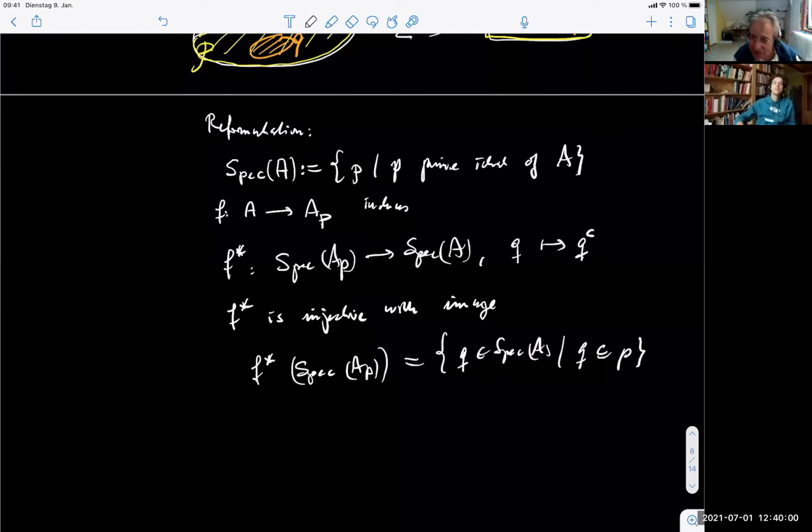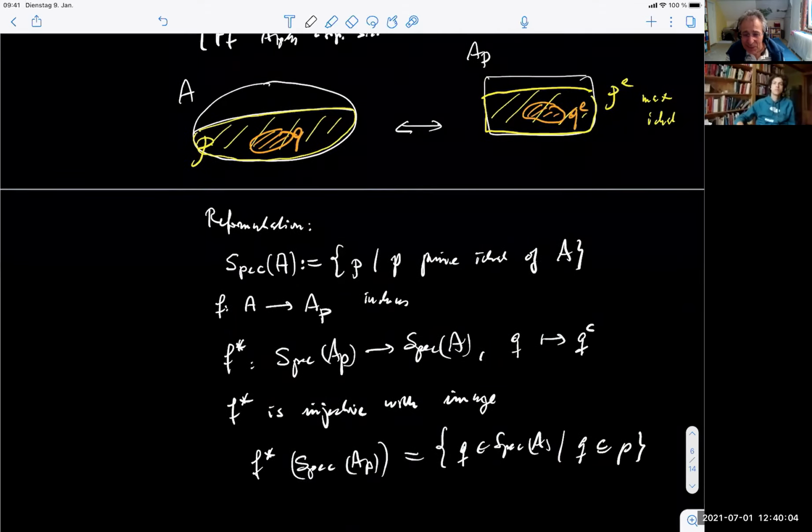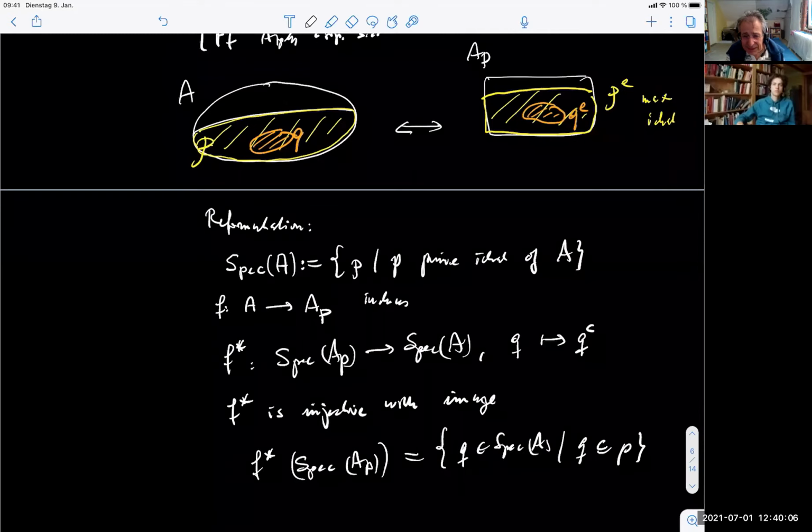Questions on that? Somehow I feel I didn't explain it too well. So maybe there are questions. Why is the map injective?